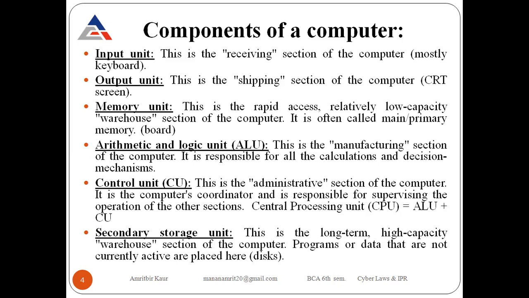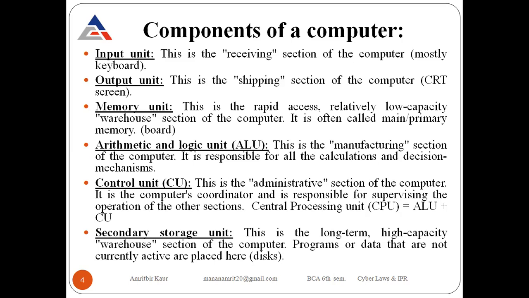Then memory unit. As we know, there will be two types of memory: primary memory and secondary memory. So primary memory is called memory, and secondary memory is known as storage. The main difference between memory and storage is speed.